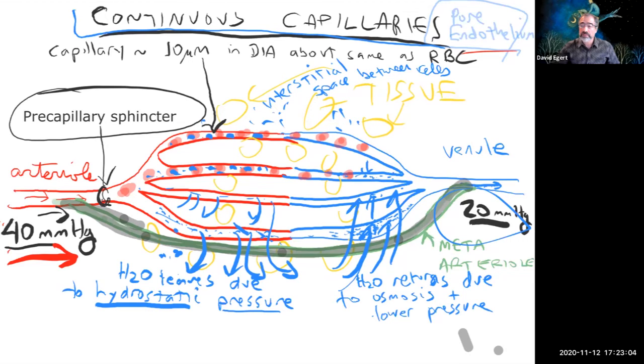So does that make sense? And this is totally happening where as the blood enters into the capillary bed, fluid leaks out. And as it gets to the far end, things get sucked back in.